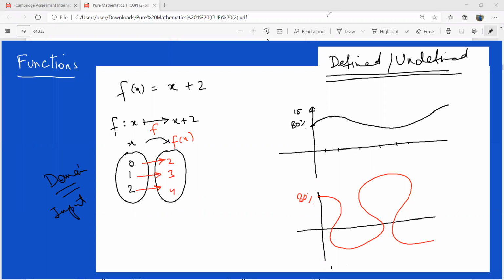Now, for example, if I draw a vertical line over here, suppose this is your test number 5, and here you're getting, let's say, 20%, here you're getting 90%, and here you're getting, let's say, minus 10%. Is it possible that in the same test, you have three different kinds of results?